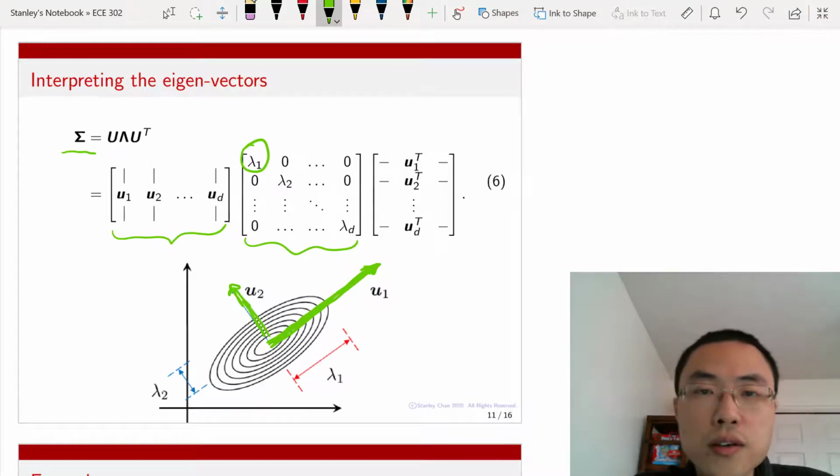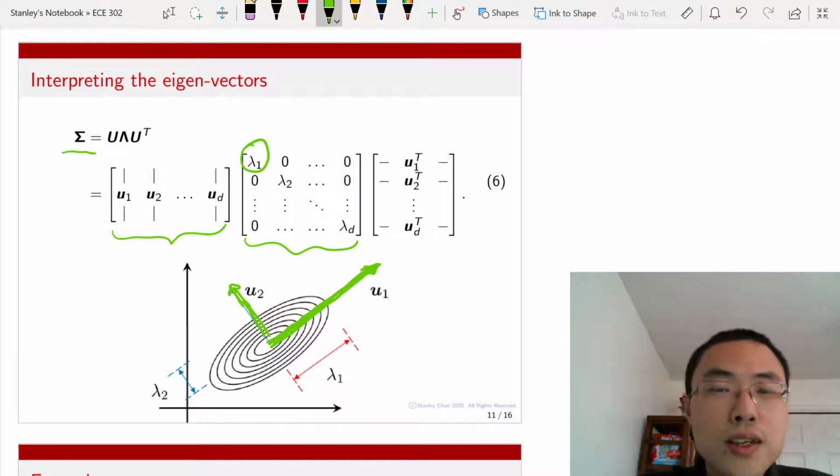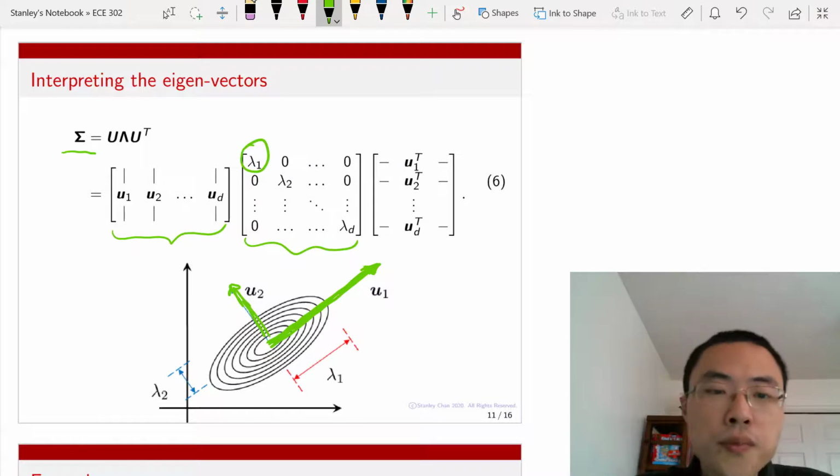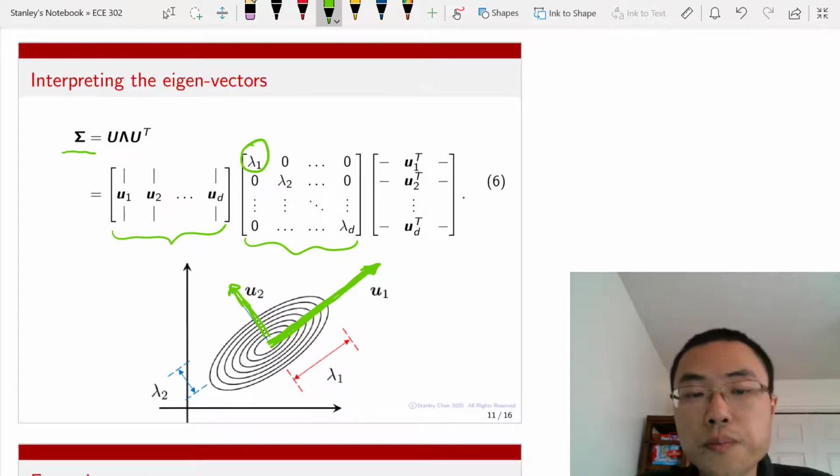Of course, on paper and pencil, we can only draw up to 2D. If you have some imagination, you can go to 3D, but going to a high dimensional space, we just cannot draw it. So this diagram illustrates the case when we have 2D equals 2, you have 2 columns and then 2 lambdas.